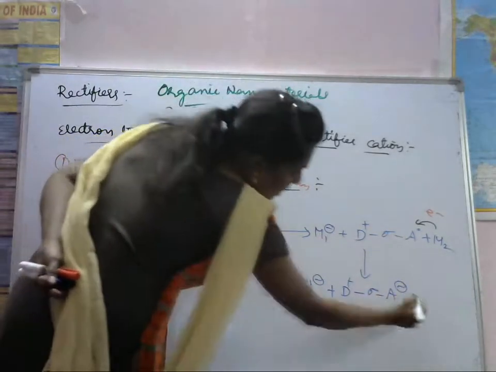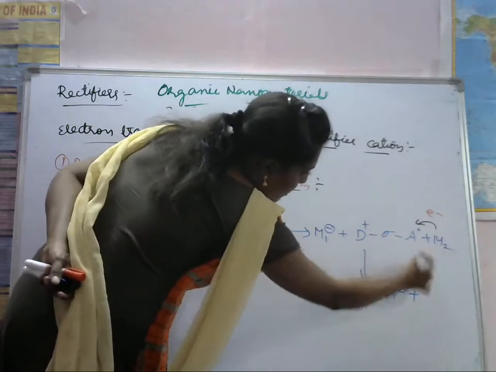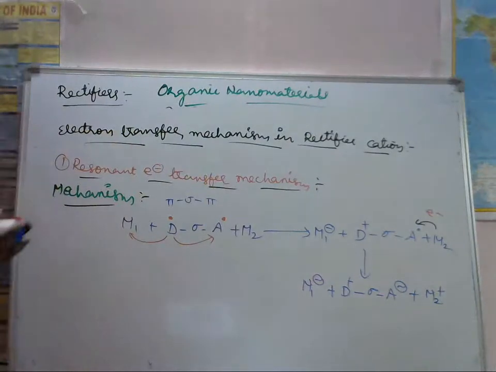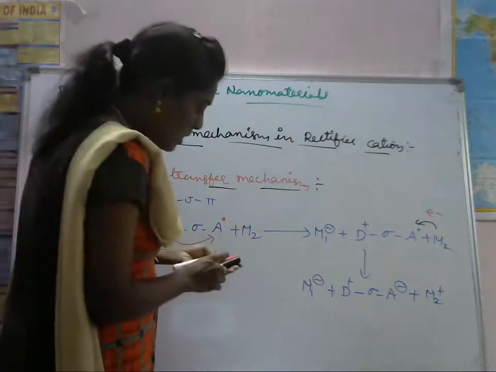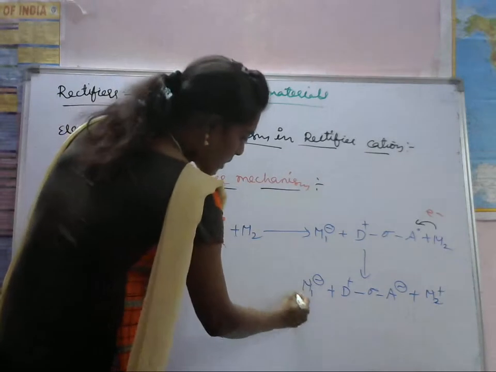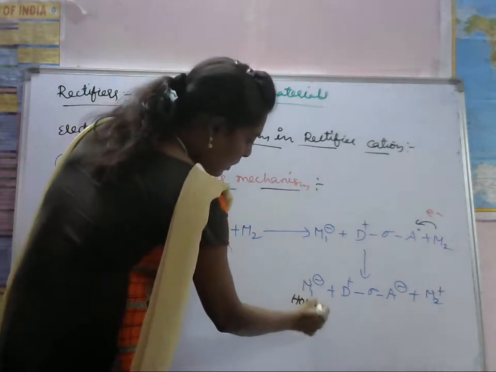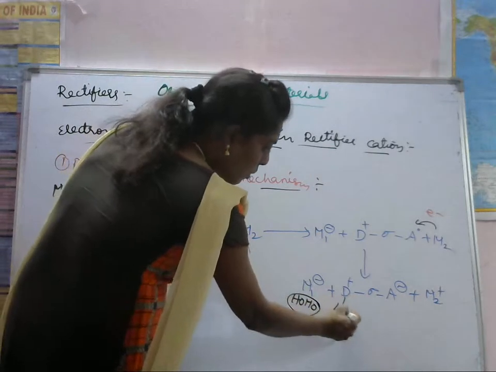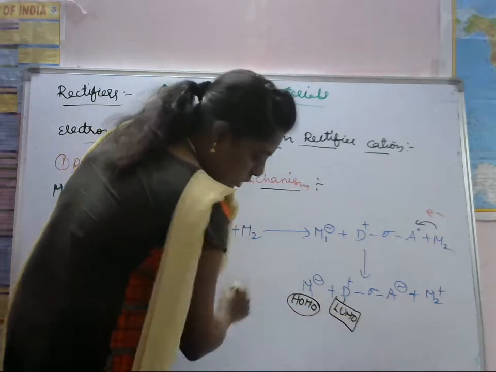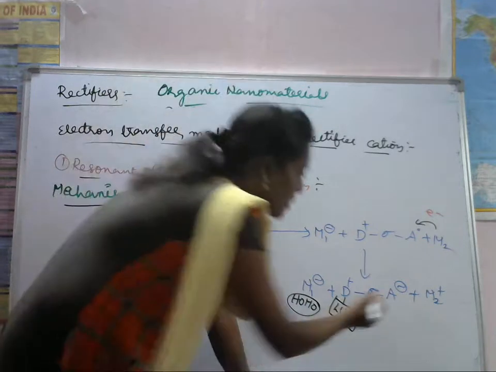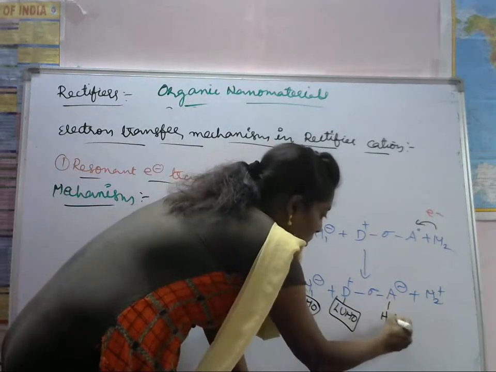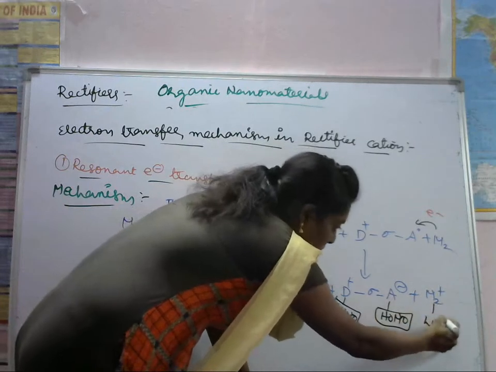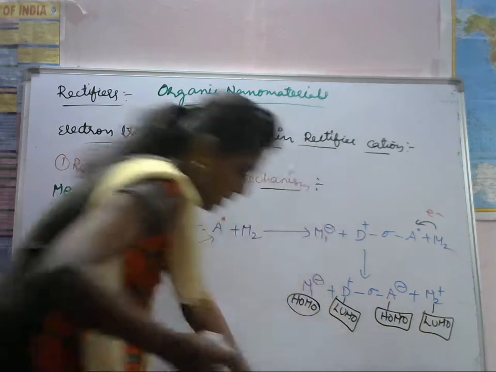Next, M2 donates the electron, so it becomes M2 plus. So M1 minus acts as a HOMO, this one is LUMO, and here this A minus is HOMO, and this one is LUMO.